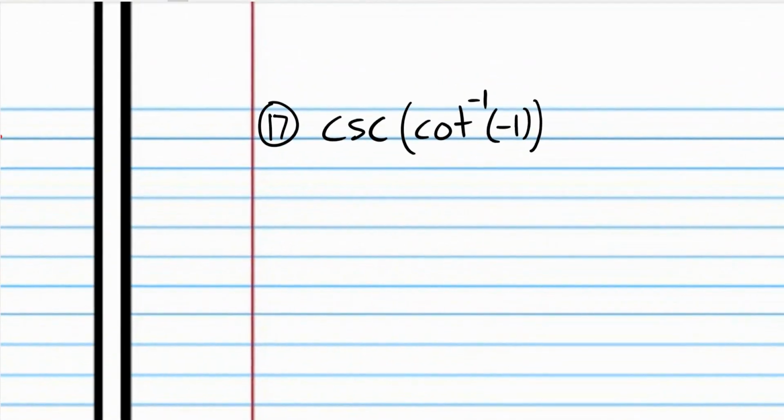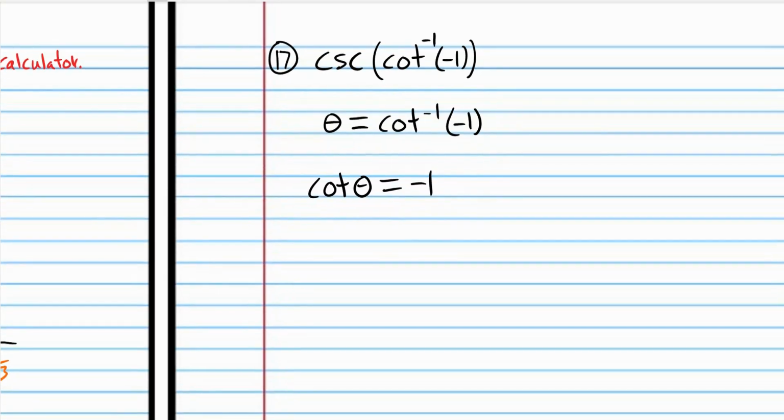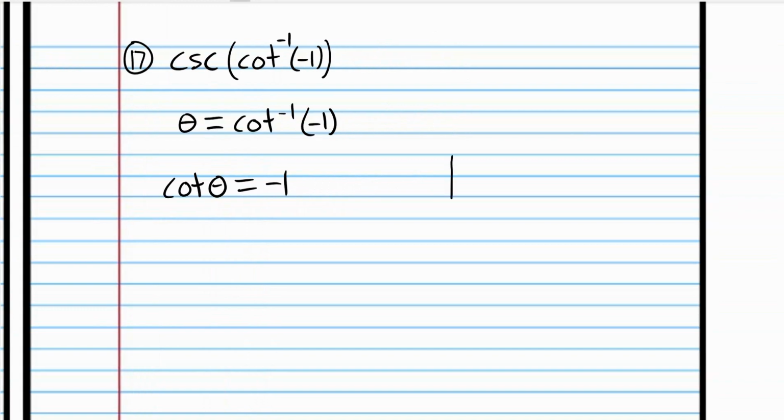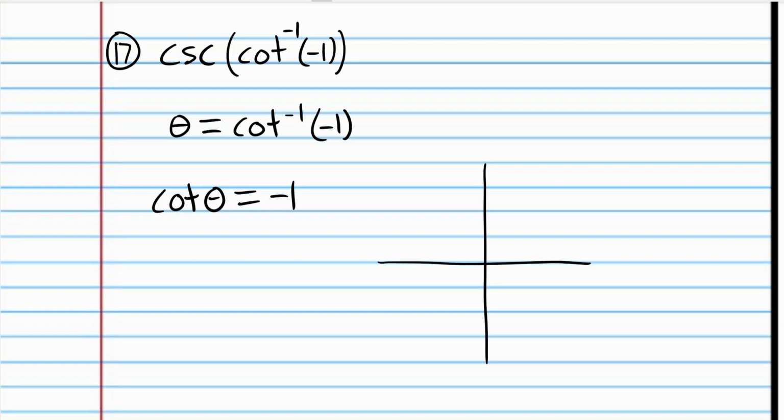So as usual, we're going to start by finding the value of the inside expression. But we don't know what that notation means, so we're going to translate, or convert to a different form. Cotangent is negative in the third and fourth quadrants.